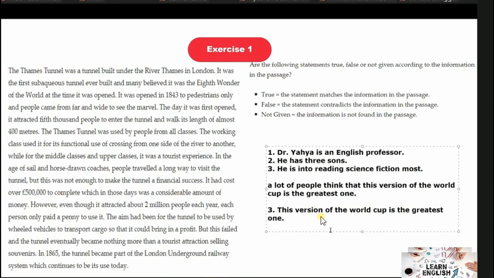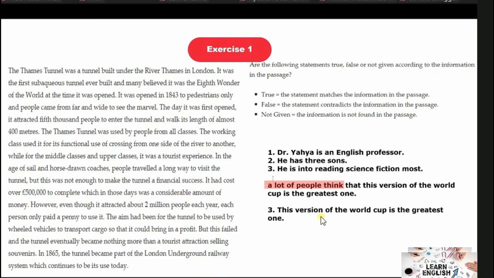If you say false, that means it is not. If you say yes, okay, so let me clarify this point. Here the question said what? A lot of people do what? A lot of people think.